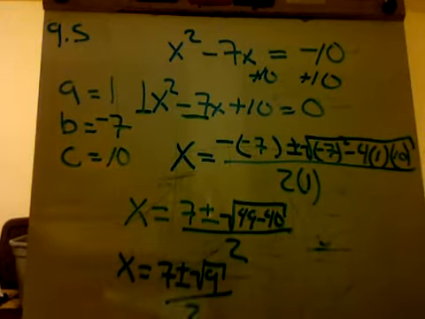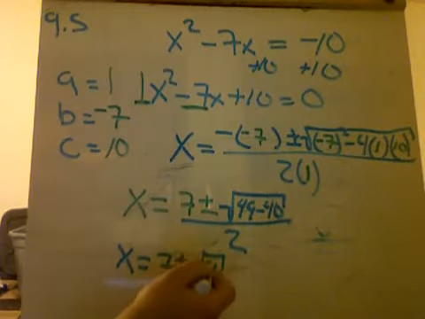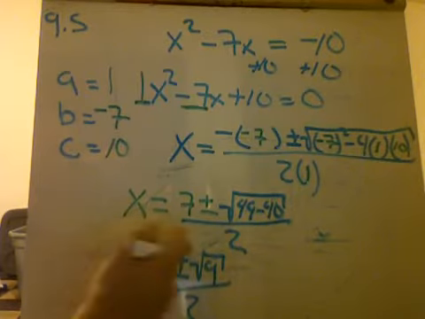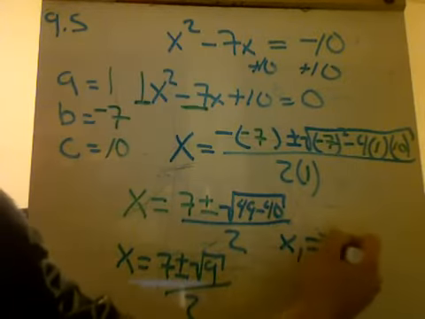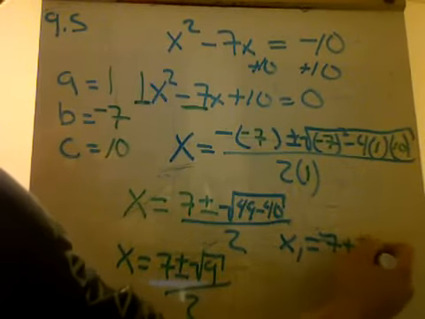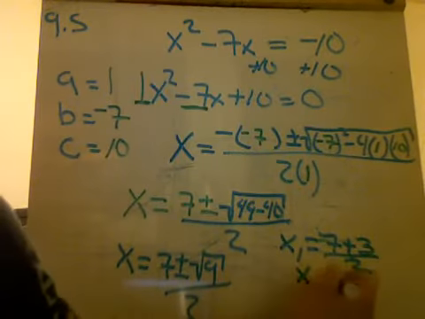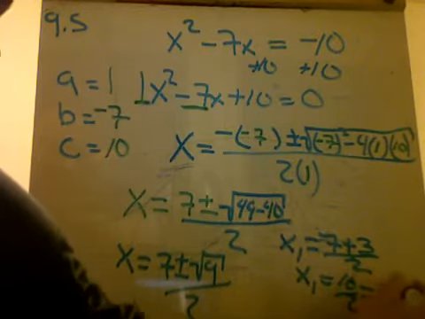Okay? Well, that plus or minus there means that there's two possibilities. I could be adding this number, or I could be subtracting that number. Well, what's the square root of 9? Plus or minus 3. So x1 is going to be 7 plus 3 all over 2. So that would be 10 divided by 2, which is 5.